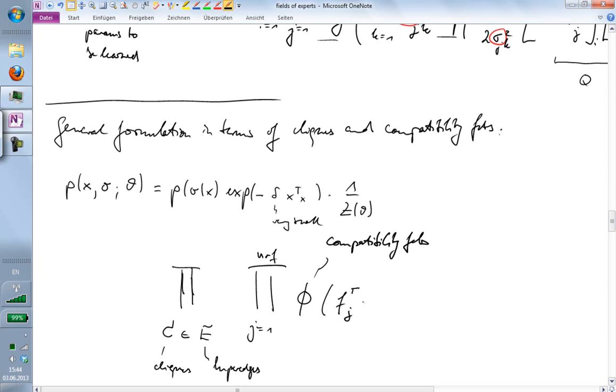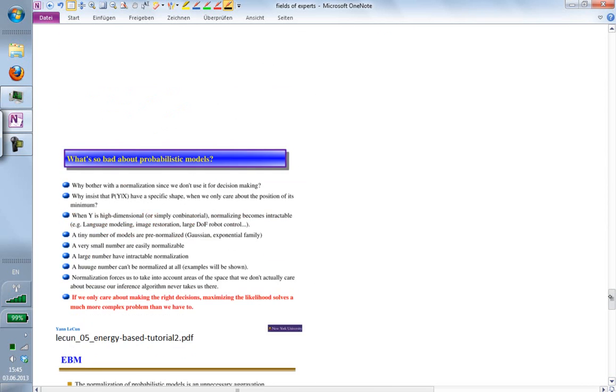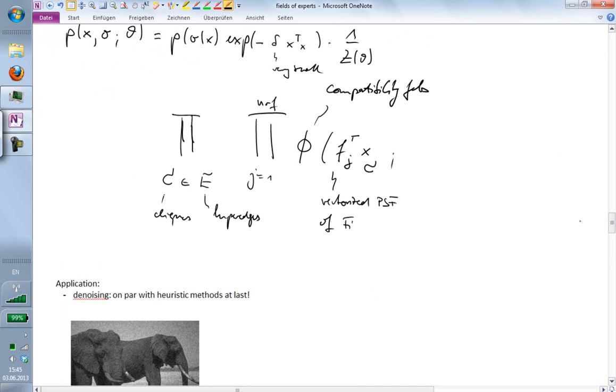Where I take a linear combination of the hidden states X that are in the clique C, and the weights for this linear combination are just the vectorized point spread function of the convolution filter that I always previously used. So of, excuse me, Fj. And then this depends on lots of parameters.